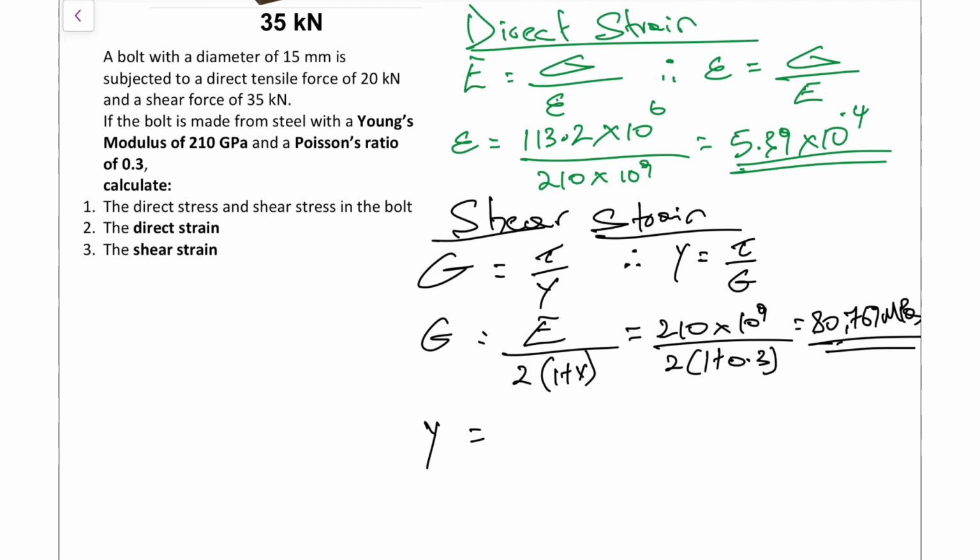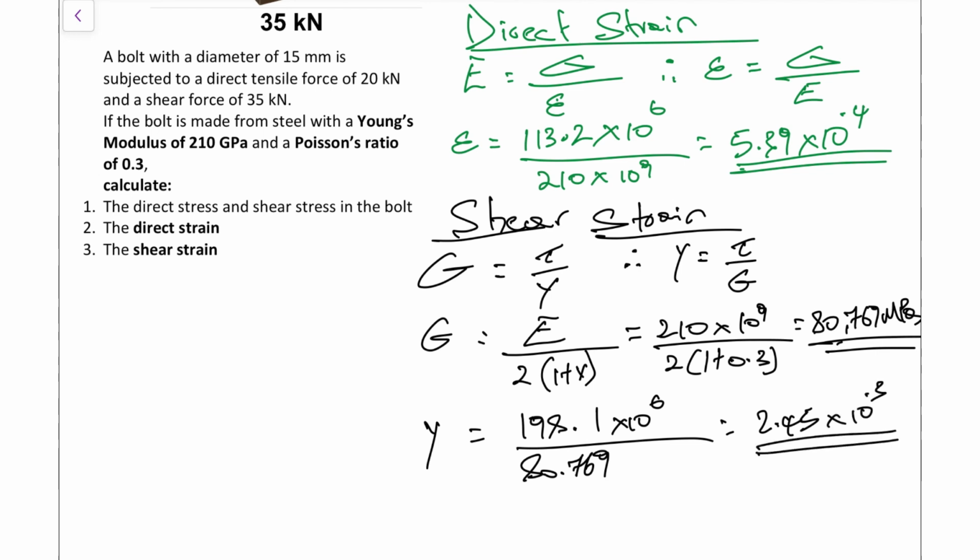So we have 198.1 times 10 to the 6, all divided by the modulus of rigidity, and that gives us approximately 2.45 times 10 to the negative 3. Similar to the previous answer for direct strain, shear strain is just a ratio of the change in length, so there is no unit for this one either. And that's us calculating our direct strain and our shear strain.